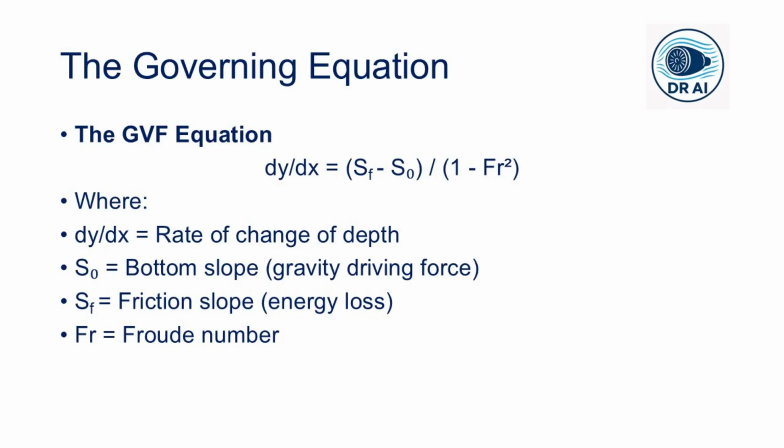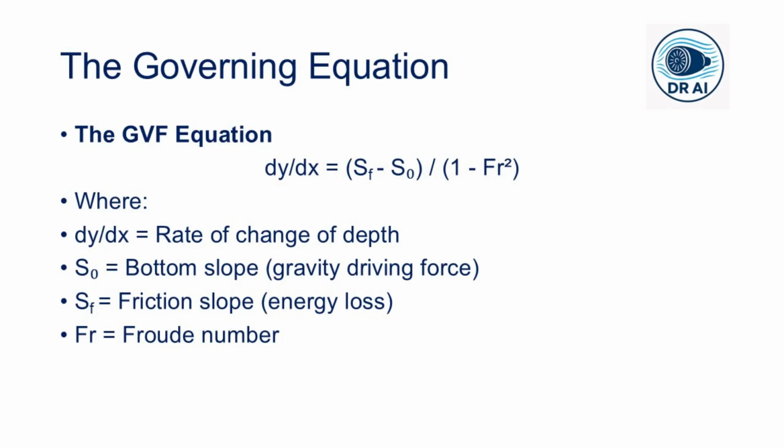Now, where does this equation come from? We have to walk through the derivation starting from the energy equation. We take the total head as H = v²/2g + y + z and differentiate it with respect to x. We know that dH/dx is equal to -S_f, which implies that the energy line slopes downward due to friction.